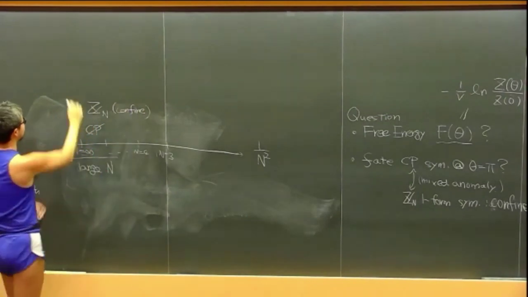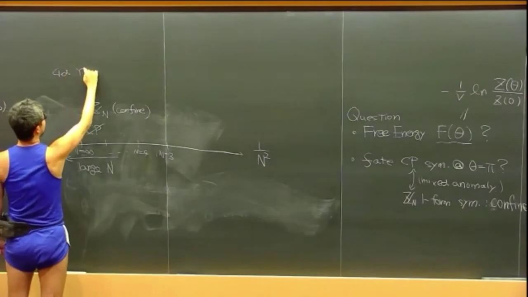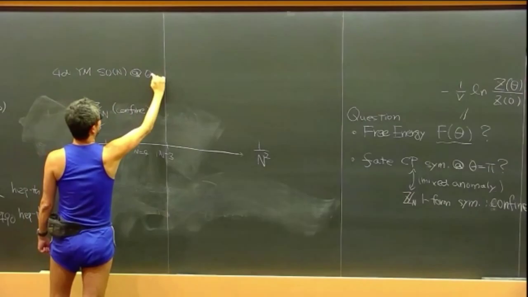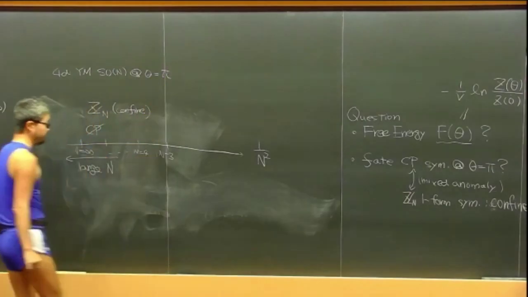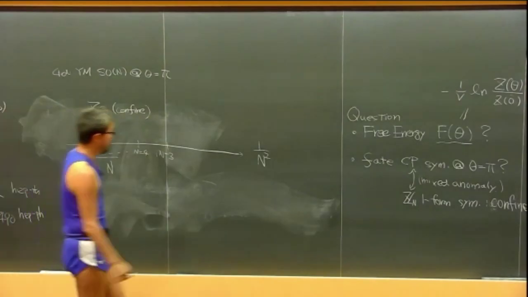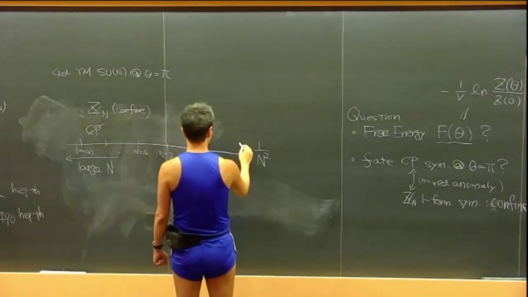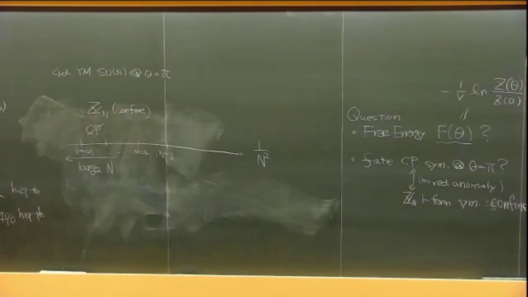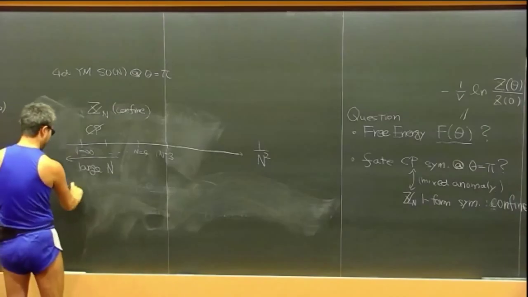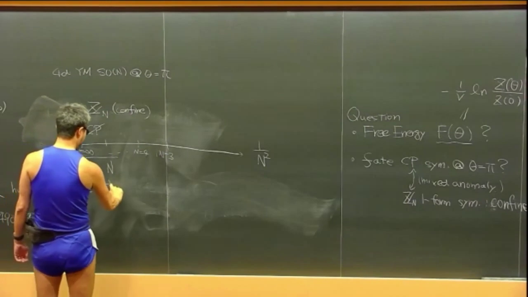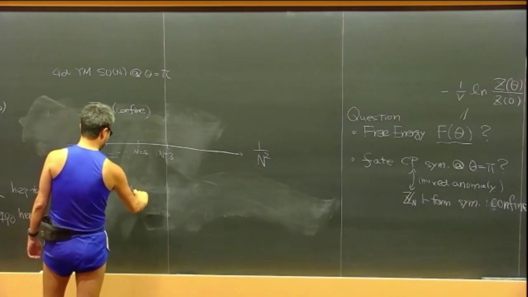So let's still talk about the 4D Yang-Mills at theta equal pi. So the question is what happens all the way here, and in fact, the useful analogy people often invoke in the literature is the 2D CP N-1 model at theta equal pi.